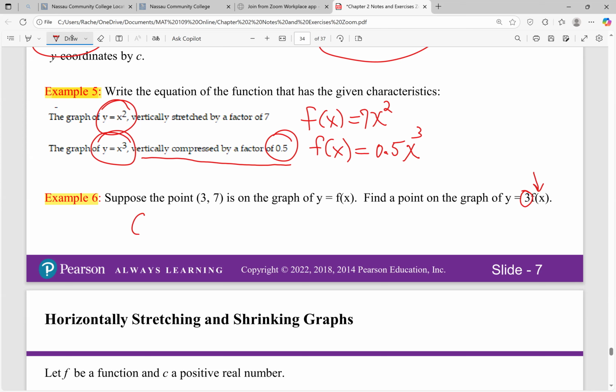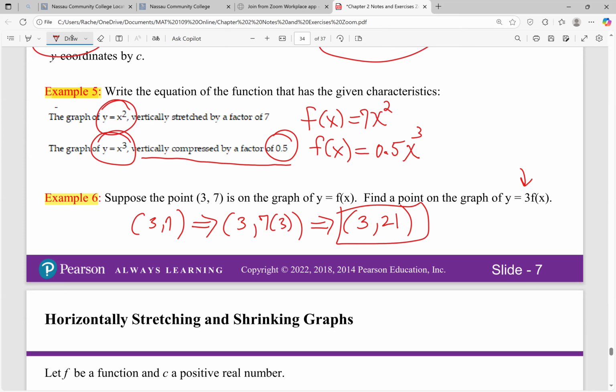So if (3, 7) is on f of x, and I multiply f of x by 3, then the new point is going to be 3, 7 times 3, because the y values are being multiplied by 3. So that's going to be the point (3, 21), because 7 times 3 is 21. So that point would be on the graph of 3 times f of x.